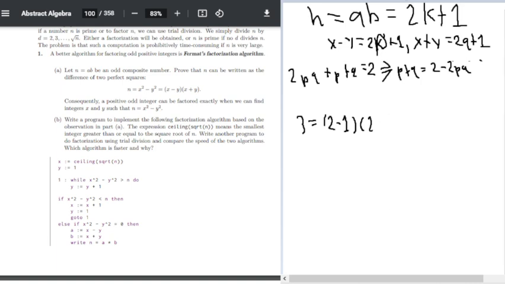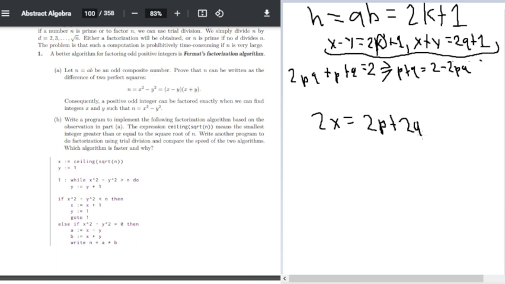Okay, so let me think. So 0 is allowed, which makes a lot of our previous divisions moot. So if x minus y equals 2p plus 1 and x plus y equals 2q plus 1. Well, also, let's just note here that we take this, right? And we just add these equations together to get 2x is equal to 2p plus 2q plus 2.